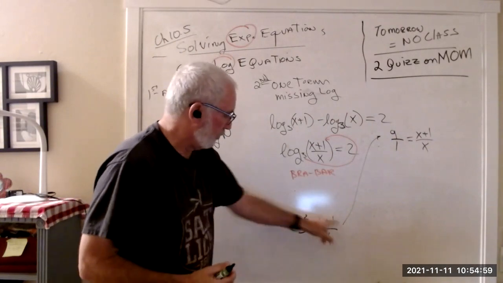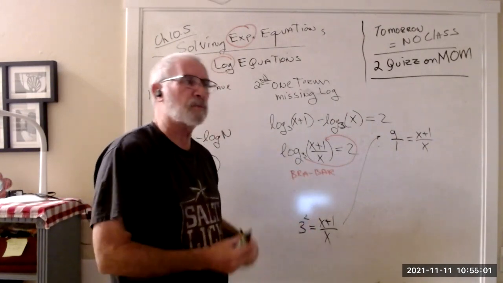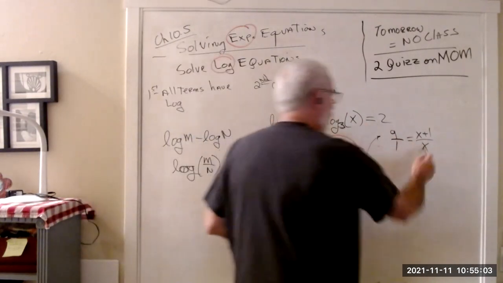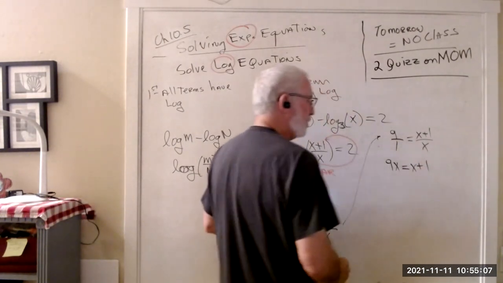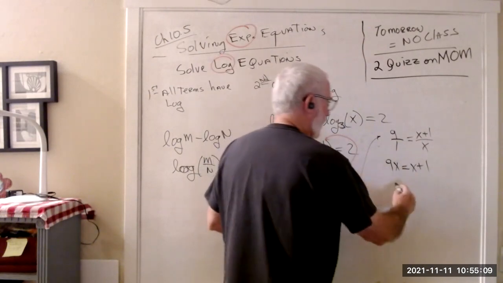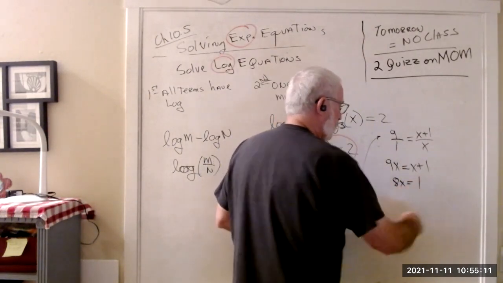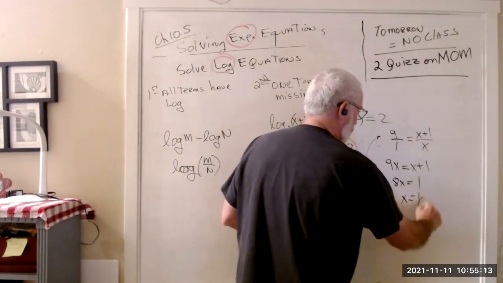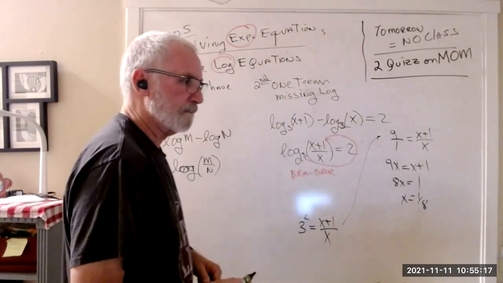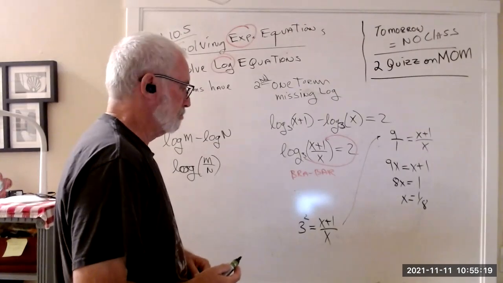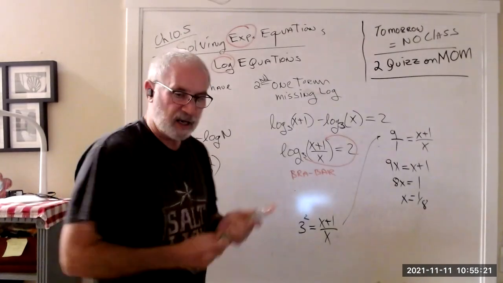Proportions are really neat. They allow me to cross multiply. So if I cross multiply, I get 9x equals x plus 1. Subtract x, 8x equals 1. Divide, x is 1/8. Okay, and that's basically it.